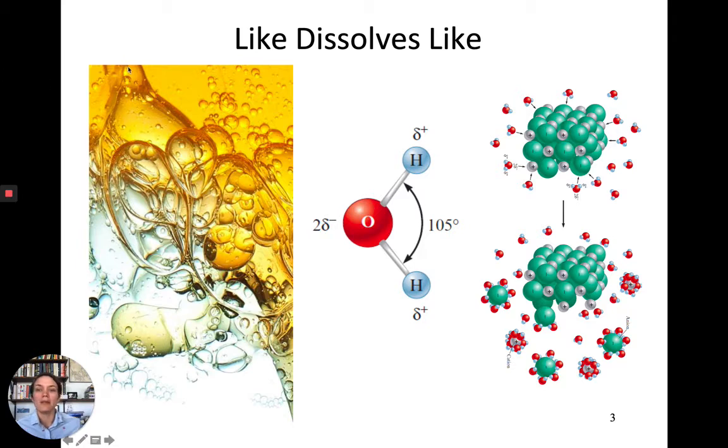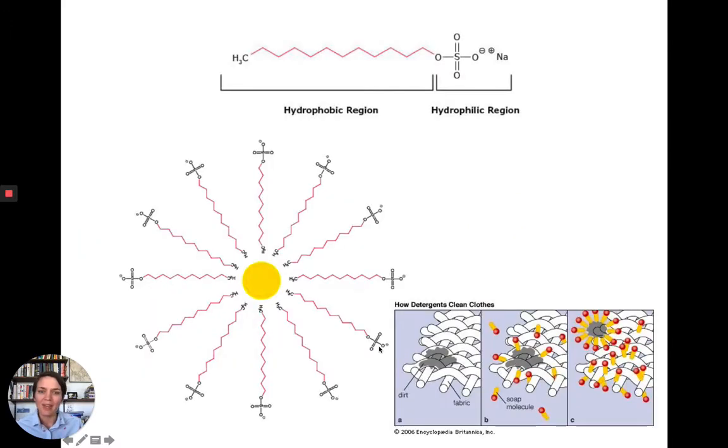So a non-polar molecule will be dissolved by non-polar molecules and not by polar molecules. And our polar molecule, sodium chloride, will be dissolved by water, but would not be dissolved by oil, right? You just have a chunk of salt in oil. You could try that at home, right? Enrich your life.